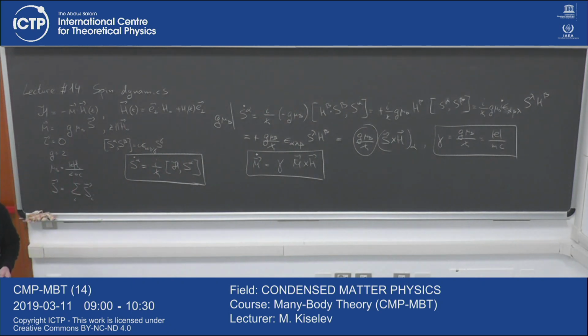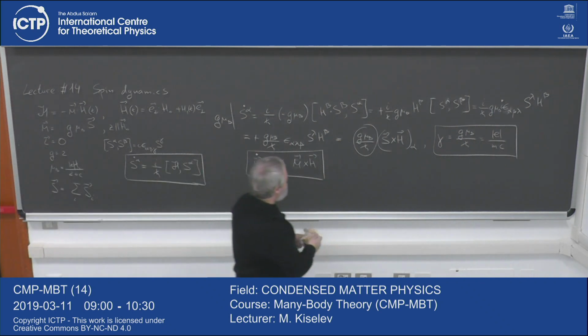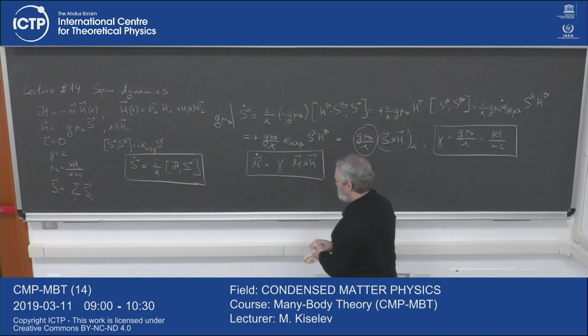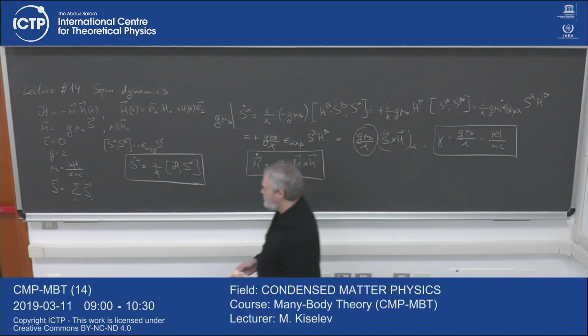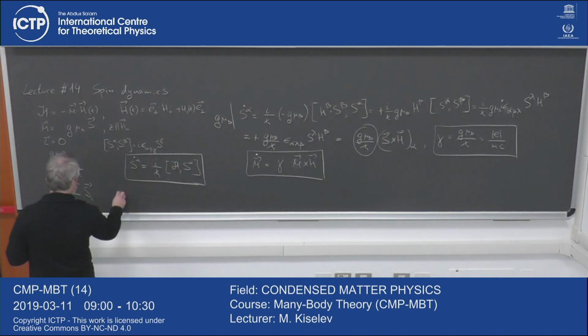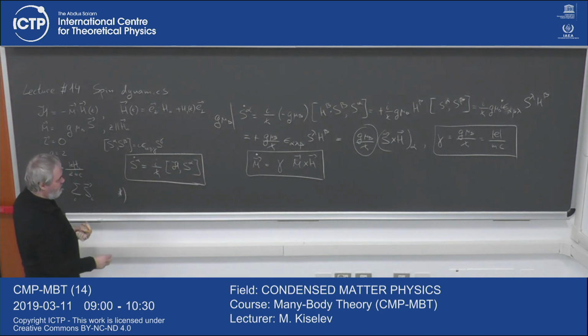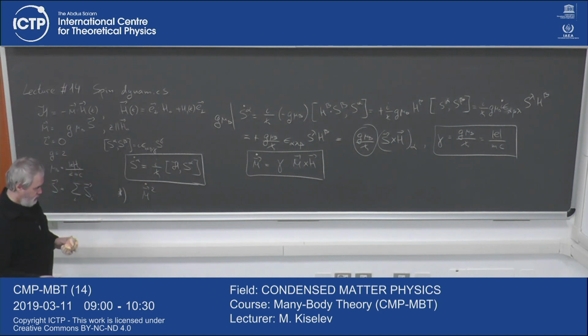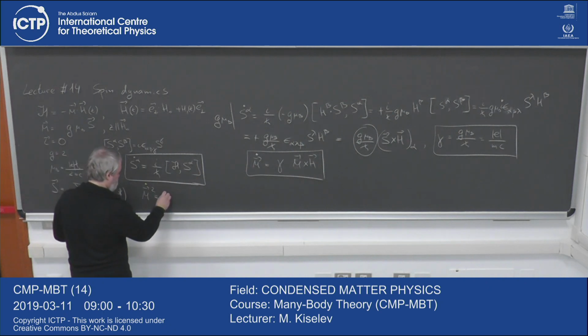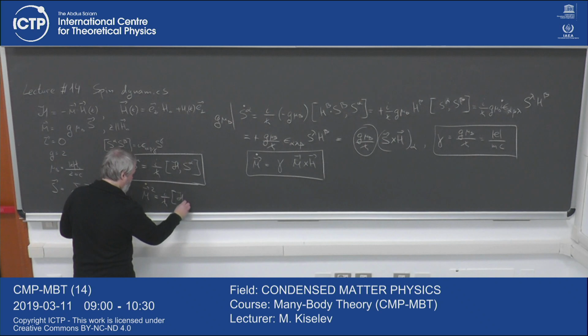Any questions so far? Okay, what I suggest for you as a problem is to find the dynamics of M squared dot, which is i over ħ commutator of H and M squared.